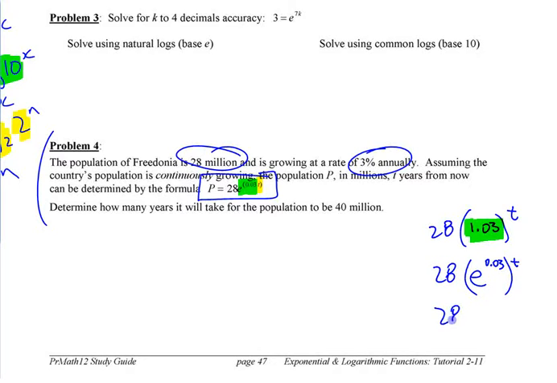That function says 28 e to the 0.03 times t. If you look at your calculator, e to the 0.03 is roughly the same as 1.03. They're almost the same.